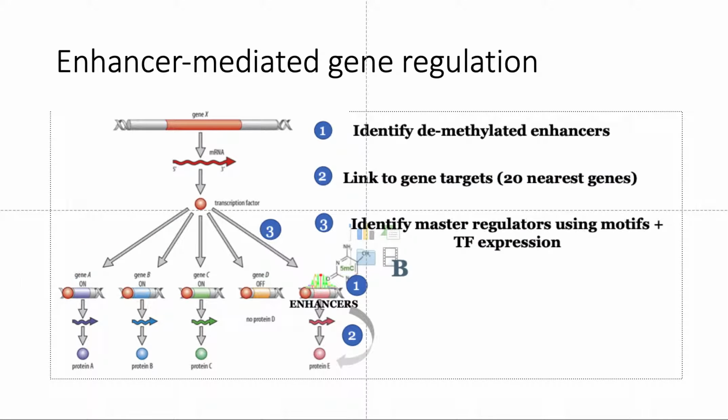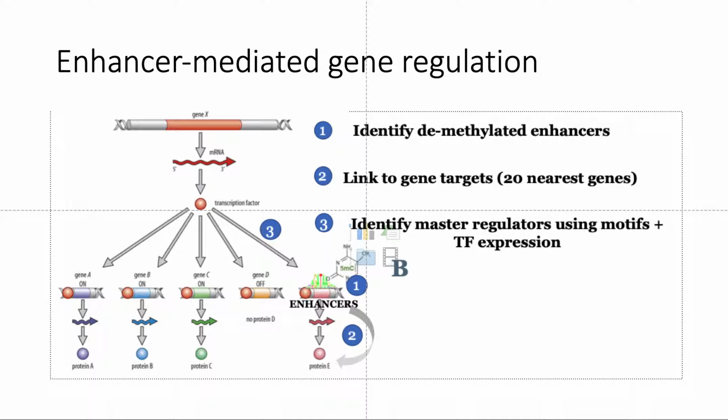ELMER has mainly 3 steps, and the first one is to identify the methylated enhancers. DNA methylation is the addition of a methyl group over the DNA sequence, so it doesn't change the DNA sequence, but with that addition of the methyl group, you can change the activity of the DNA segment.